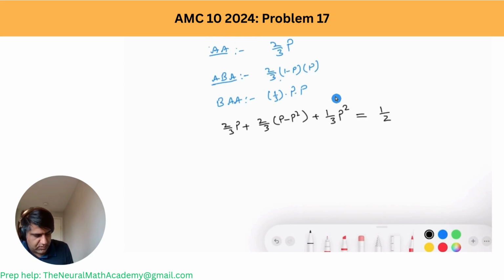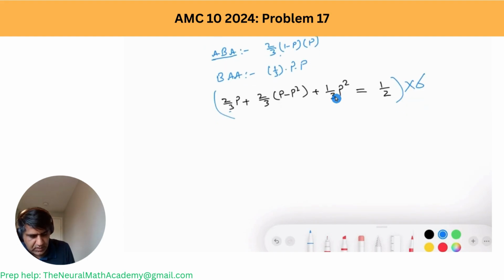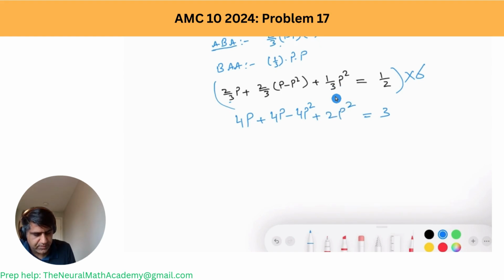Now we can simplify this equation, and if I multiply both sides by 6, then I would get 3 on this side, and here 4P, then again 4P minus 4P square, and plus 2P square.